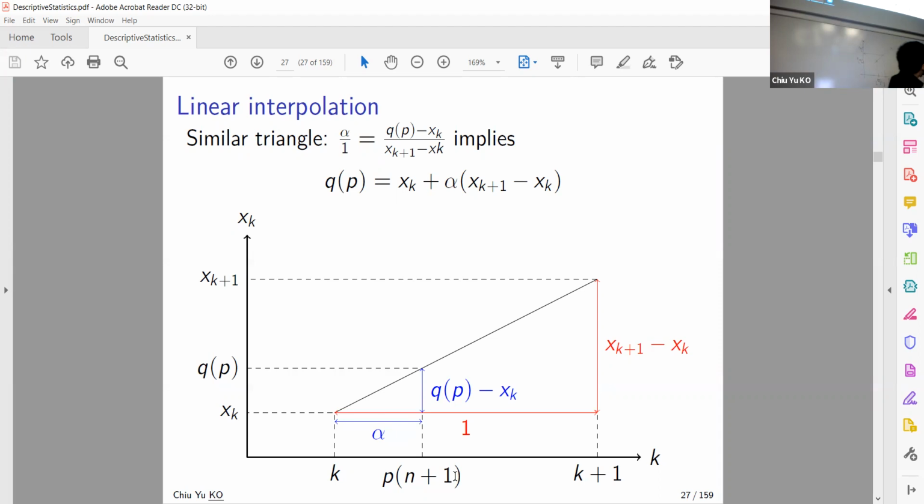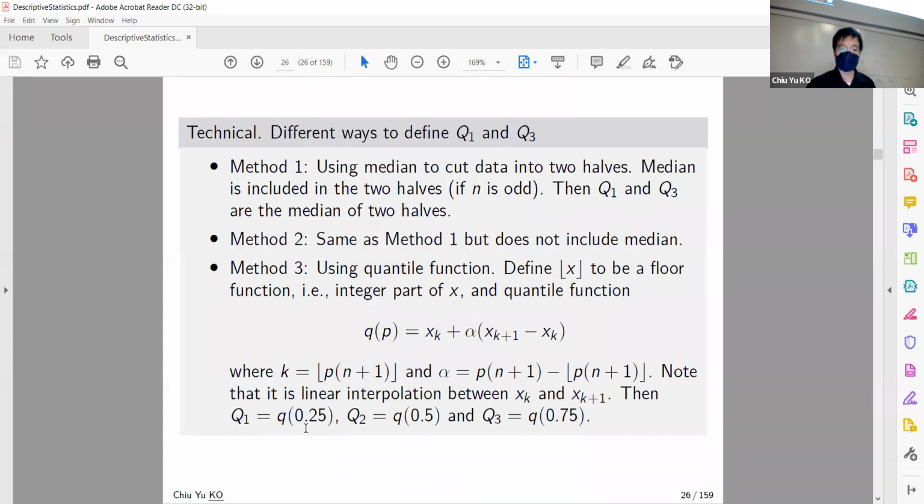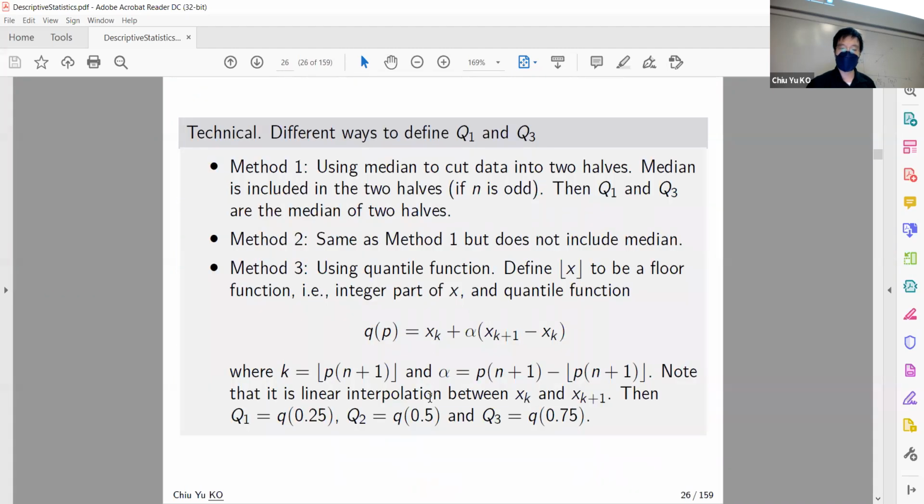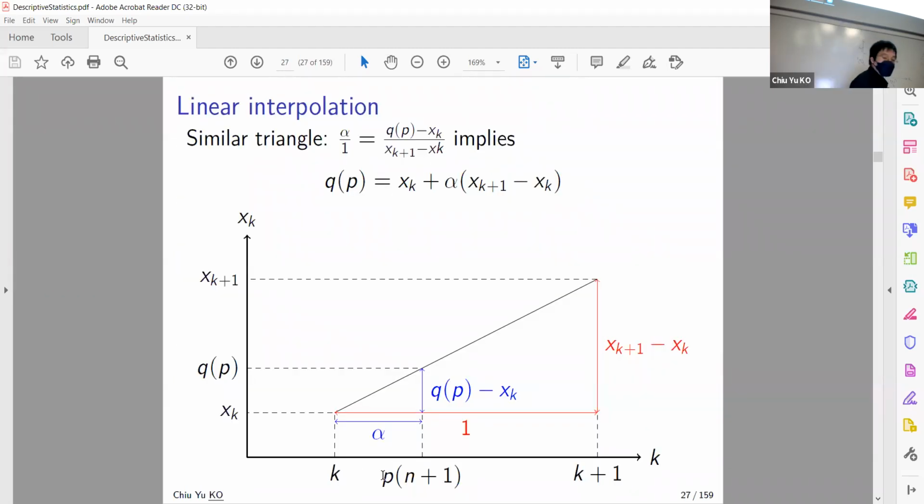In this case n is 6, so 6 plus 1 is 7, and you multiply by p, the quartile. For Q1, p is equal to 0.25, it's 1/4, okay?